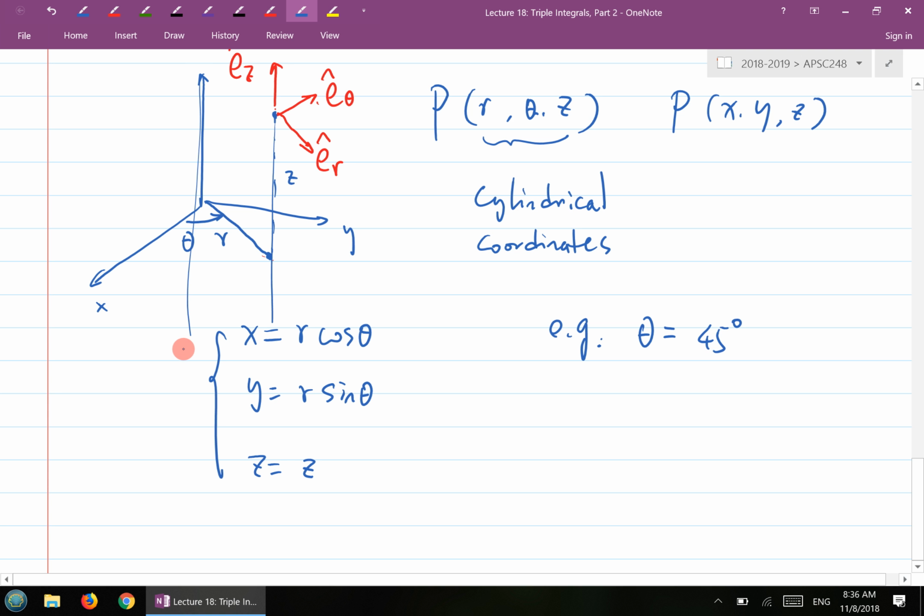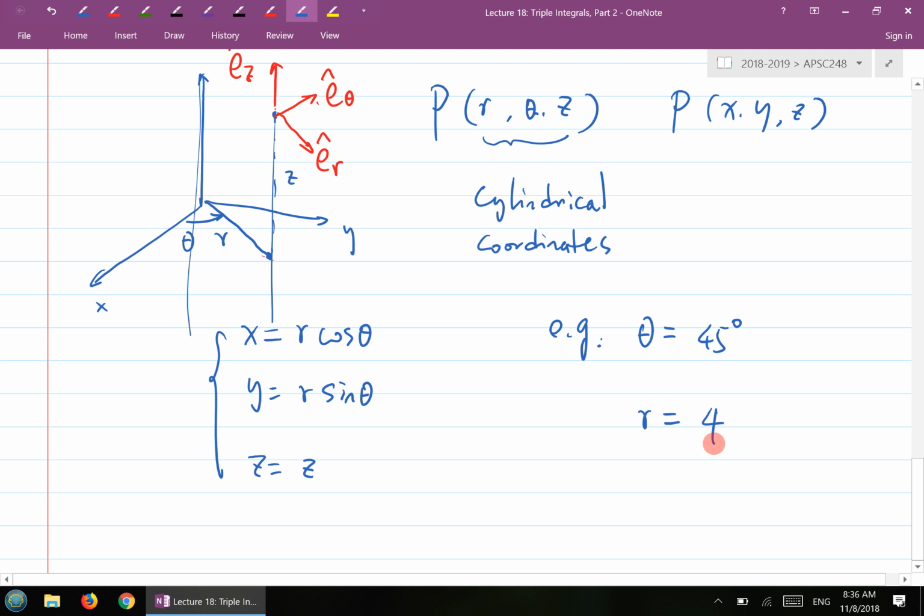Good? How about this? If I say r equal to 4, what do you think that represents? A cylinder, right? r equal to 4 in the xy plane is a circle. But we're always talking about 3D, so extending it up and down gives you a cylinder.